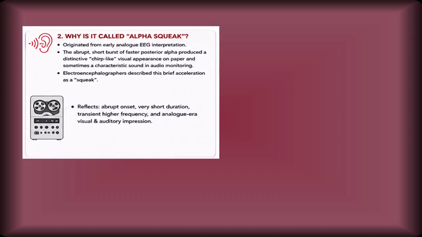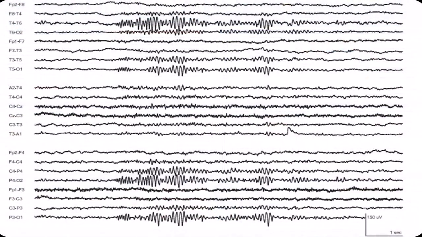Because of this brief, sudden, squeak-like appearance, the term alpha squeak became widely used in EEG interpretation. The phenomenon reflects an abrupt onset, very short duration, transient higher frequency, and the characteristic visual and auditory impression seen on older analog EEG systems.